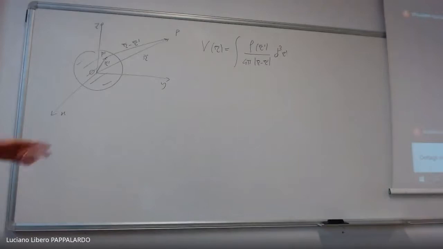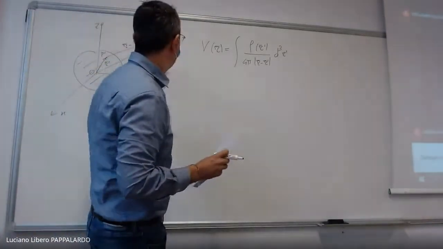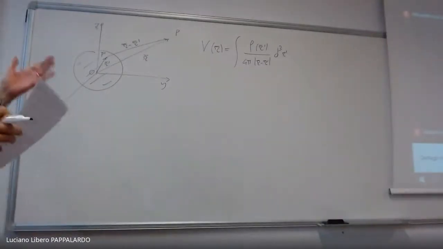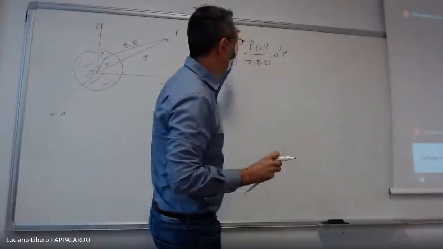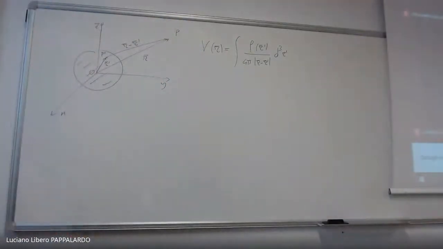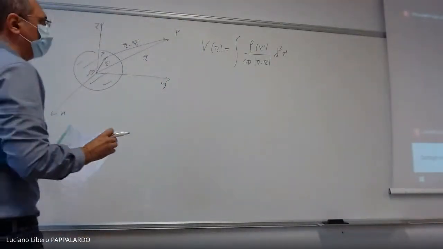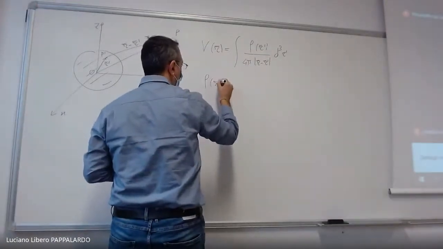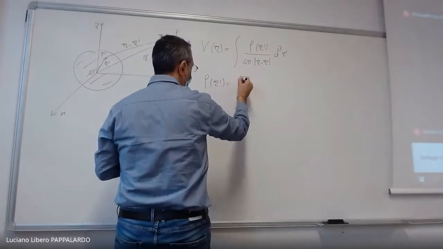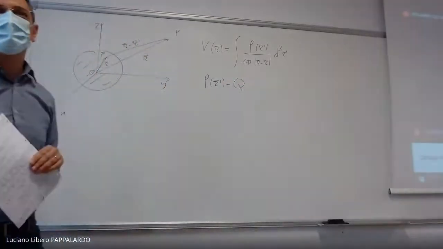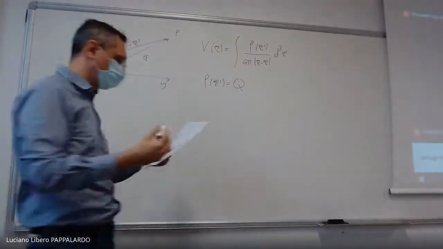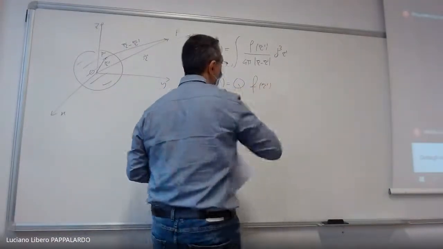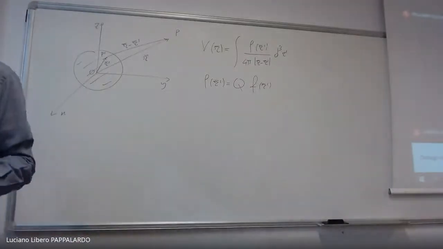So this is the Coulomb potential at a certain distance r from a spherically distributed, not necessarily spherically, but from a certain distribution of electric charge. Now, we can factorize the electric charge distribution as the total charge and the spatial distribution of this total charge, which is given by a simple function of r prime. Okay, this is equivalent.